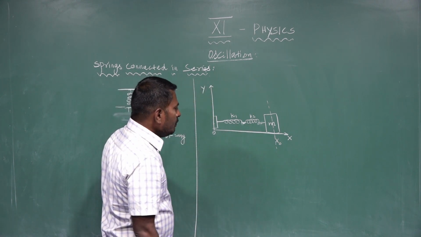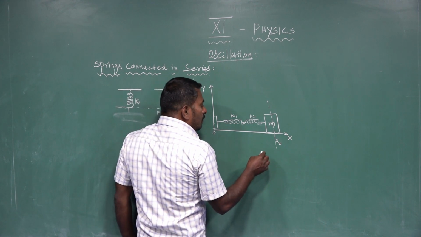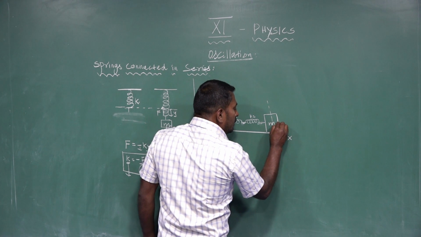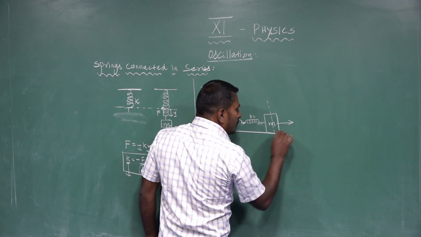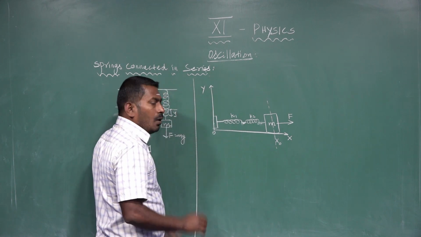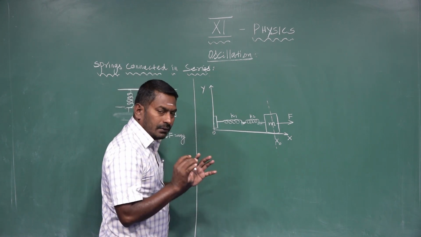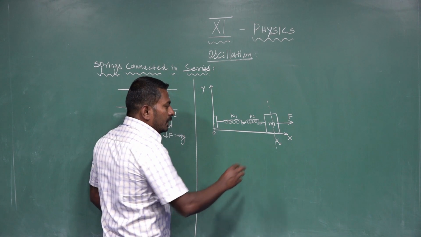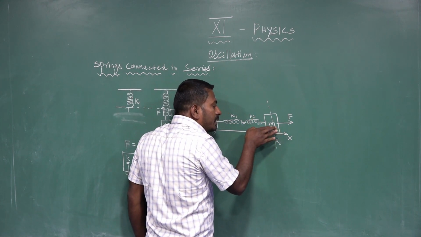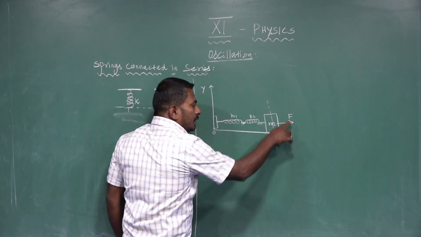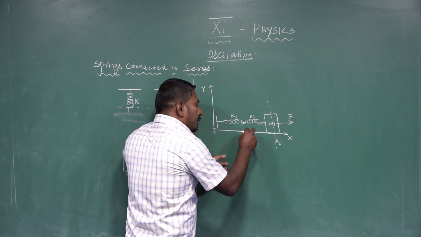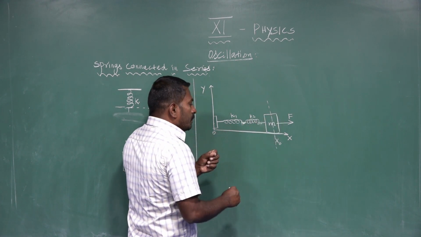Now a small amount of force is applied on the mass towards the x-axis along this direction. What happens? Listen carefully. We apply the external force on the load of mass M along this direction. This is the applied force. Now elongation is produced in both springs.